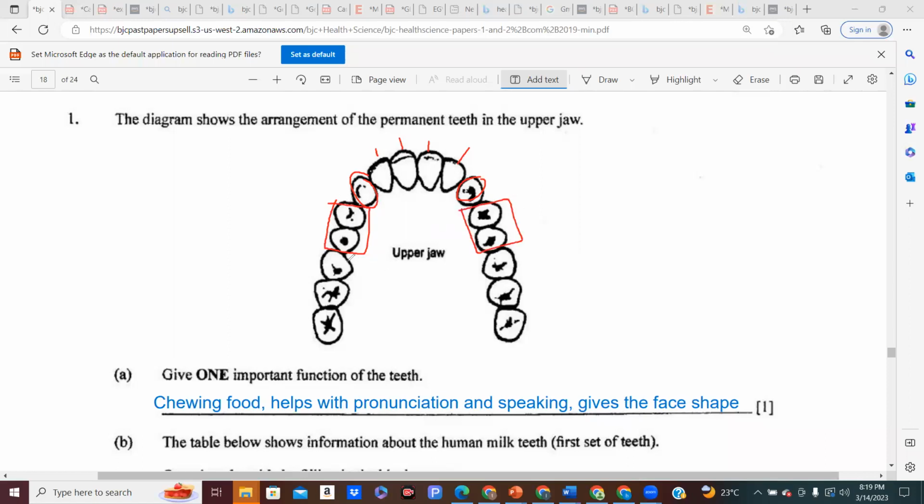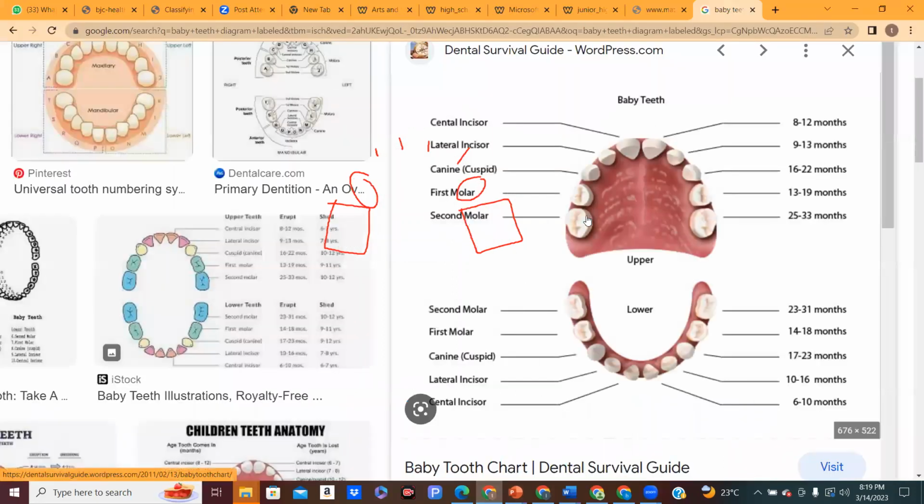But adults have these other three in the back. For the baby, they only have 1, 2, 3, 4, 5, 6, 7, 8, 9, 10. Let's check with the diagram. It's only 10 on the top and 10 at the bottom.